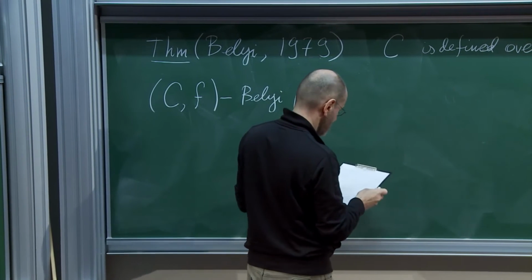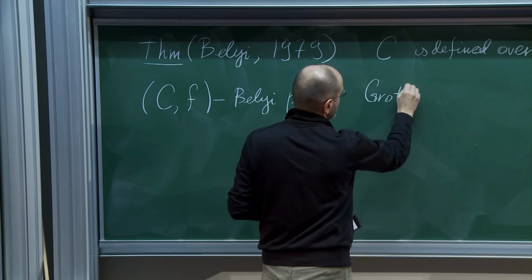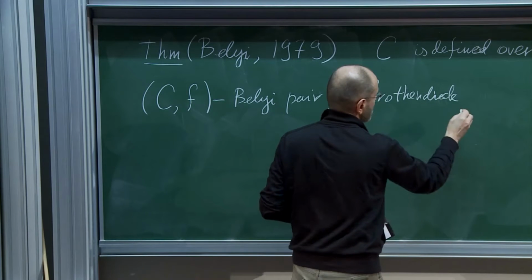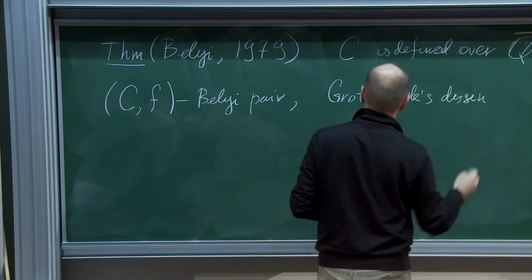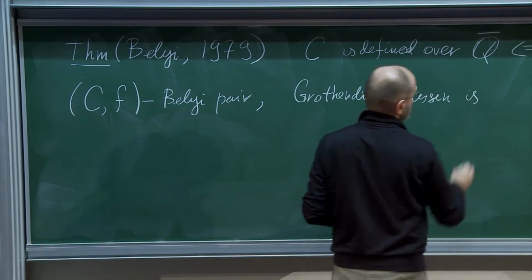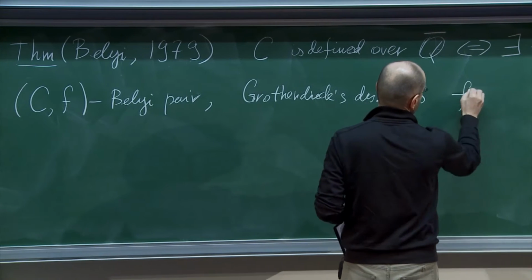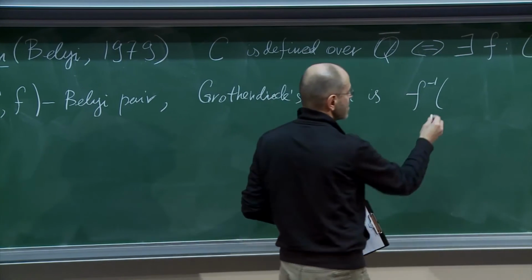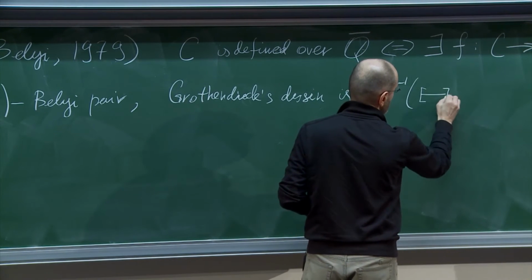Then Grothendieck's dessin is the inverse image, F inverse, of the real line segment from 0 to 1.